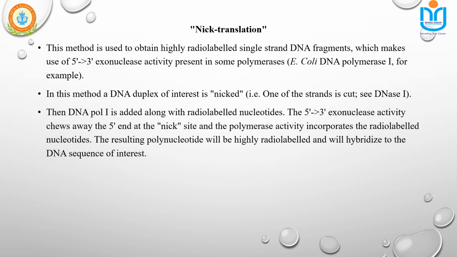Then DNA polymerase I is added along with radio-labeled nucleotides. The 5' to 3' exonuclease activity chews away the 5' end at the nick site and the polymerase activity incorporates the radio-labeled nucleotides. The resulting polynucleotide will be highly radio-labeled and will hybridize the DNA sequence of interest.